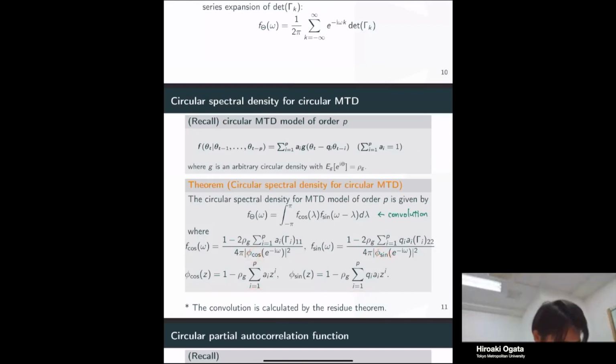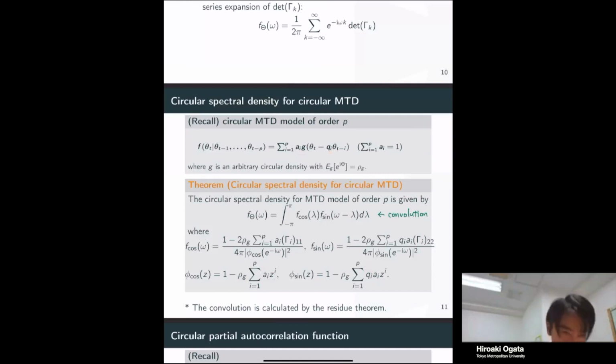The expression is a little bit complex, but it is written by ρ_z, the resultant length of this z, and the weights a_i and sines q_i here.